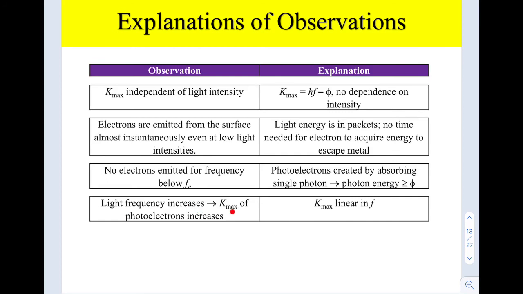Last one. As light frequency increases, the kinetic energy maximum of the photoelectron increases. So why is this happening? Because the kinetic energy maximum of the photoelectron is linear in f, based on this equation as well.